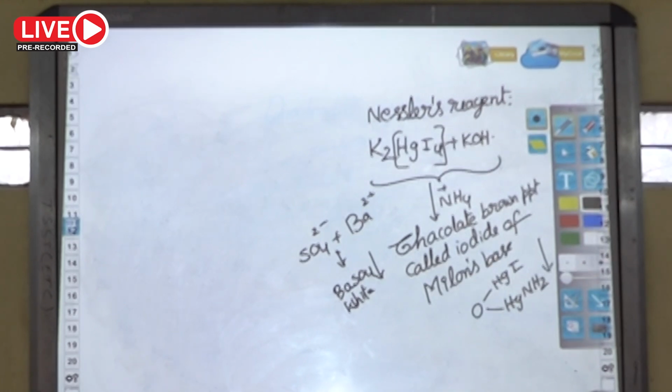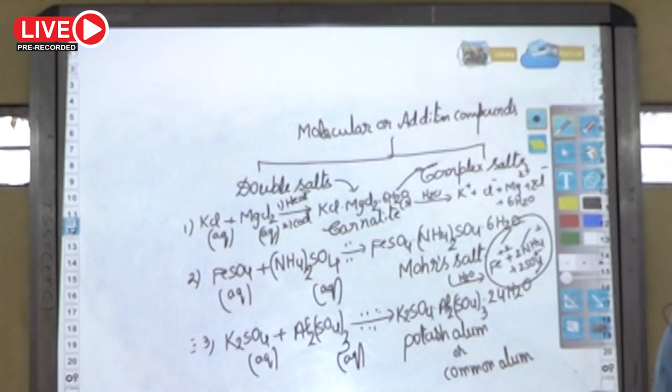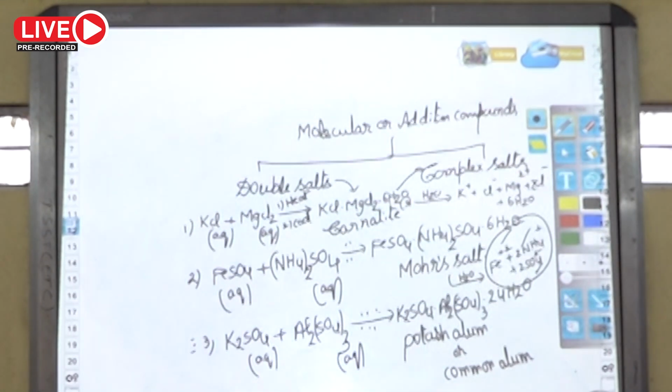So now you came to know that double salts, three or four examples are given here, are molecular or addition compounds which only exist in solid state, but when dissolved they completely dissociate in water.